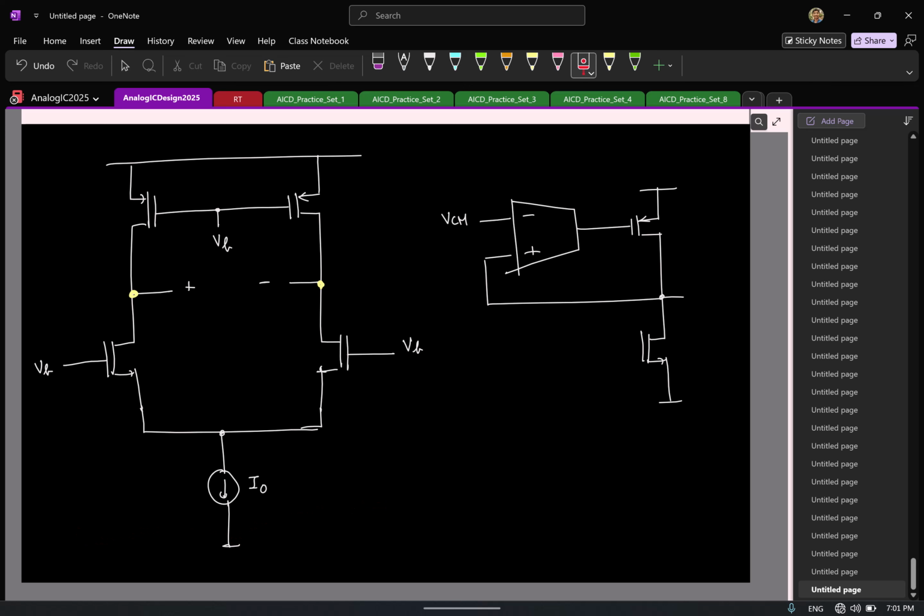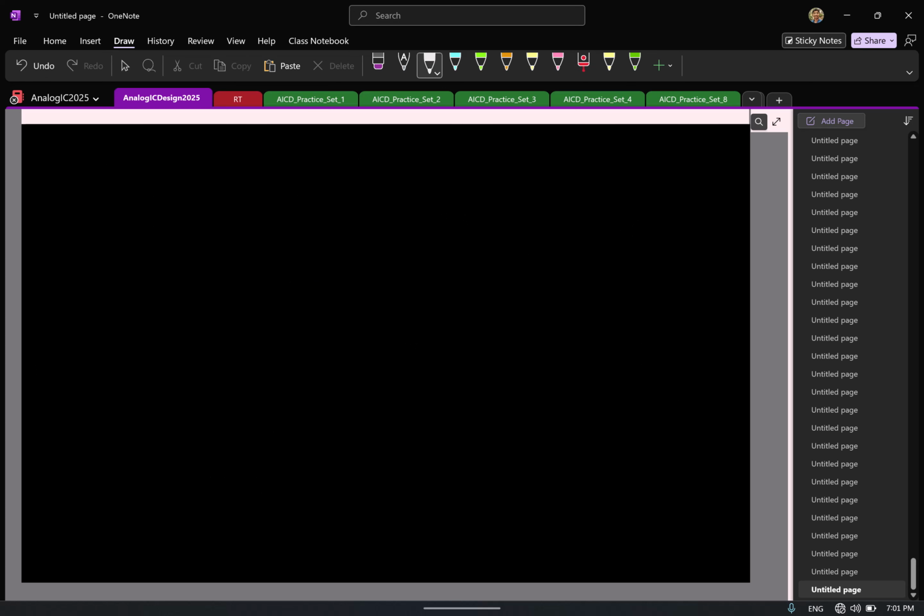Okay, so let's try that. We'll move to the next page. So let me just show the usual one. Let us say here I have a single-ended output op-amp, the same two-stage OTA, for example. There again the output voltage was not defined in open loop, but let us say we put it in closed loop like this.